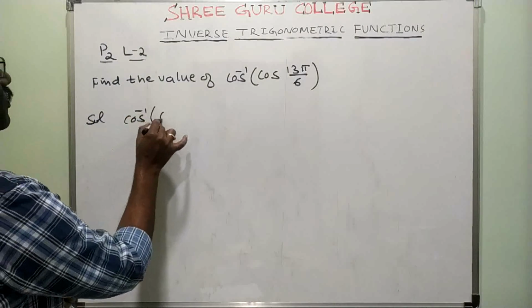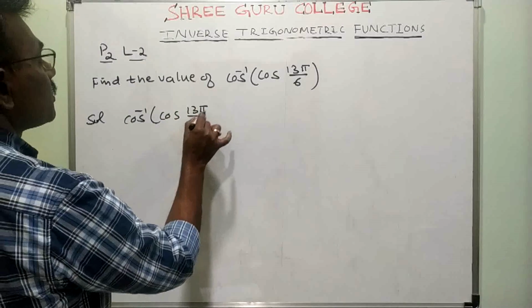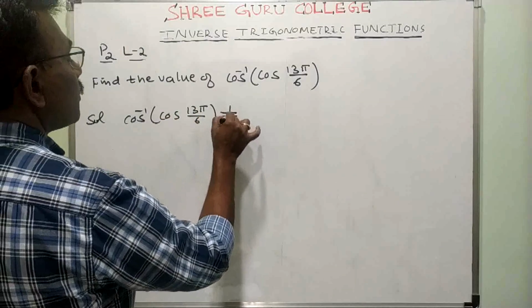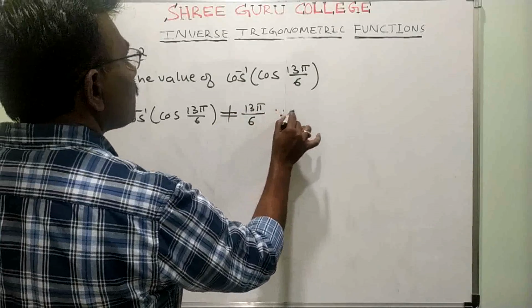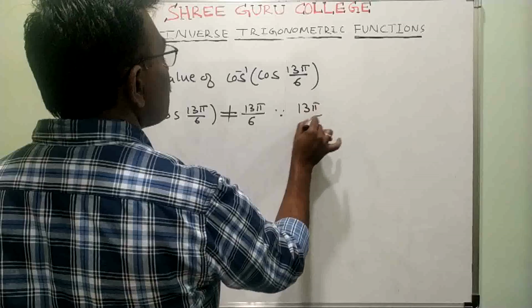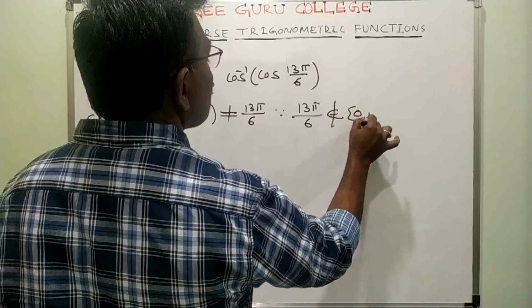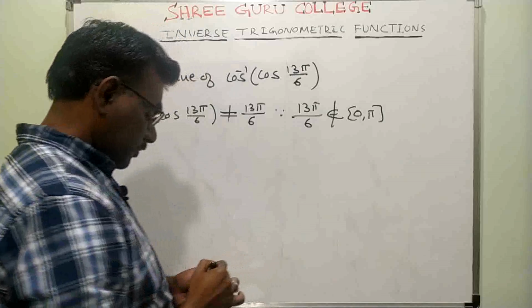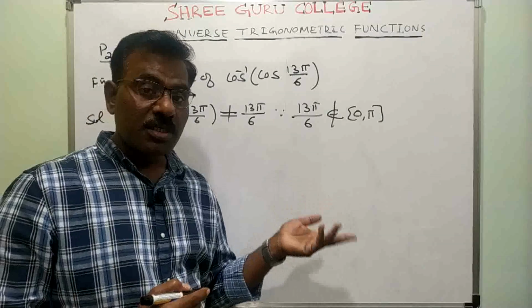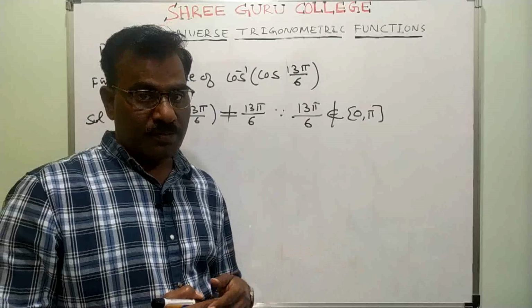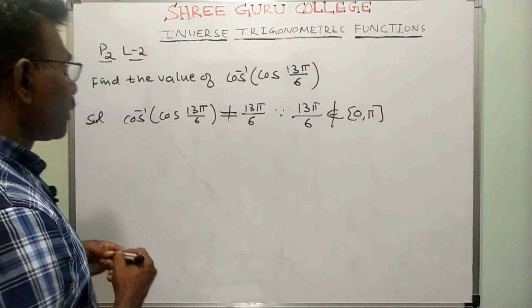Cos inverse of cos 13 pi by 6 is not equal to 13 pi by 6, because 13 pi by 6 does not belong to 0 comma pi. You know the property, cos inverse of cos theta is theta, theta is 0 to pi, but this is more than 180 degree, so it's not okay.